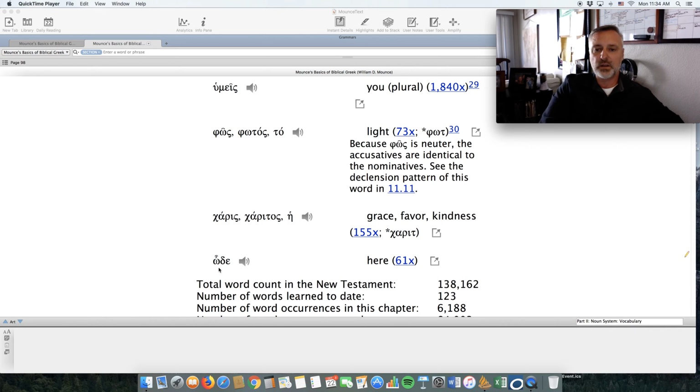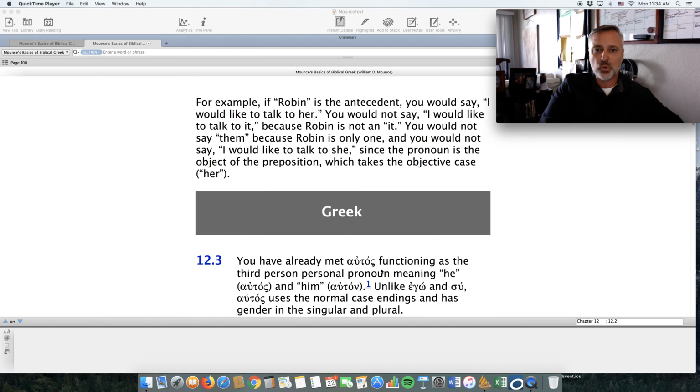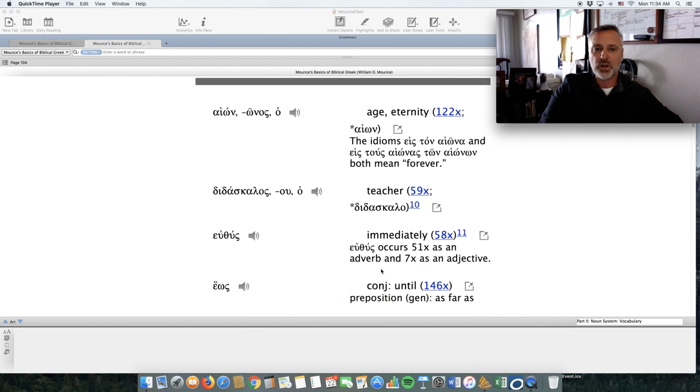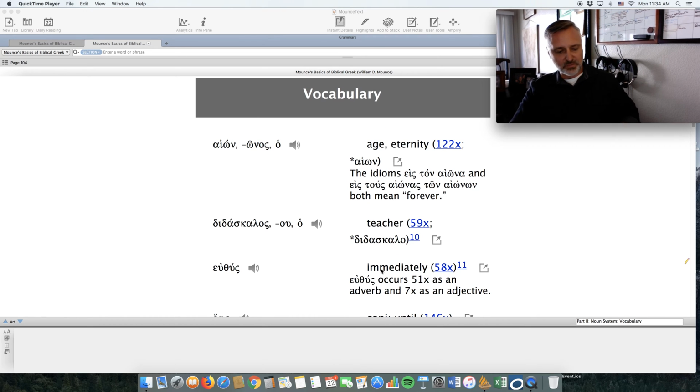And then hōde, hōde. Hōde means here. All right, we're going to move over to our next chapter, chapter 12, which is the chapter on autos, the third person personal pronoun. I'm going to work through these vocabulary words just so that we can get these down. Aiōn. Aiōn means age or eternity.